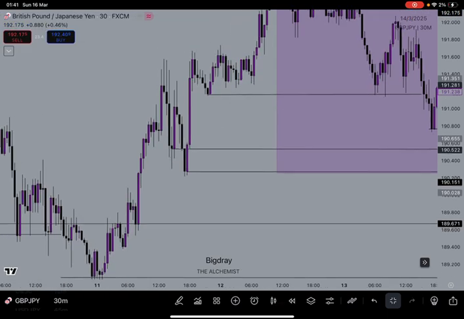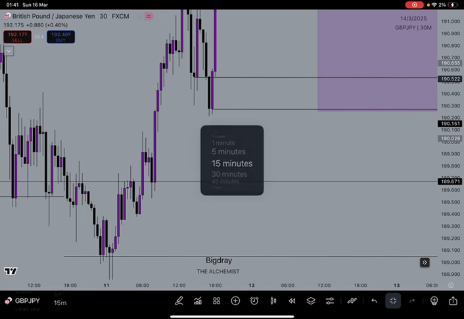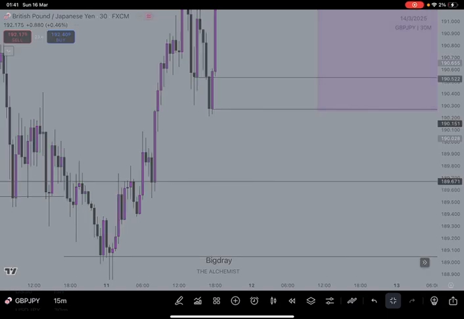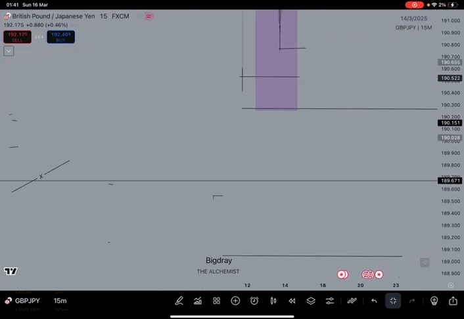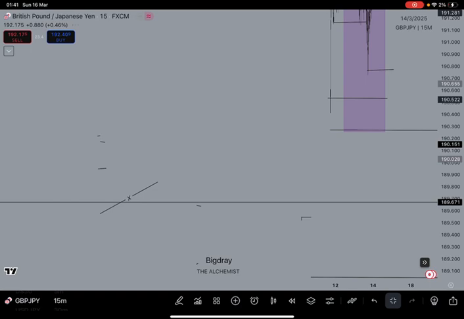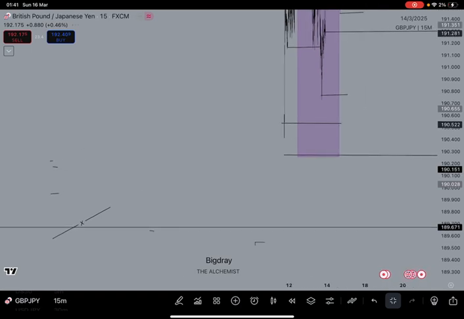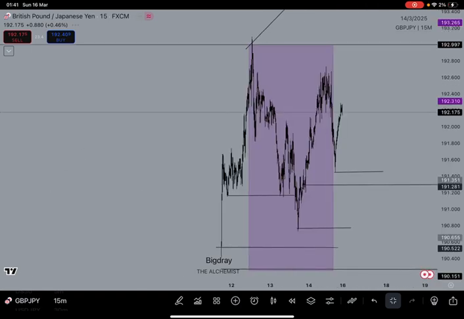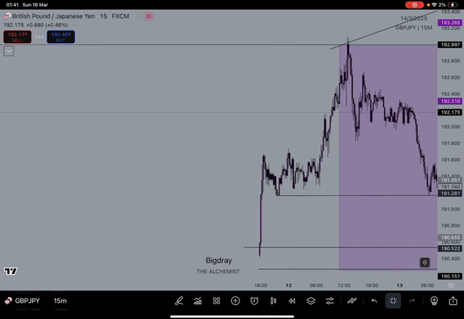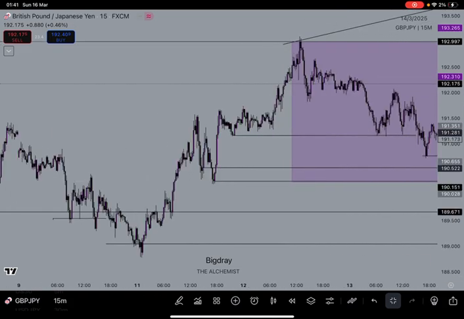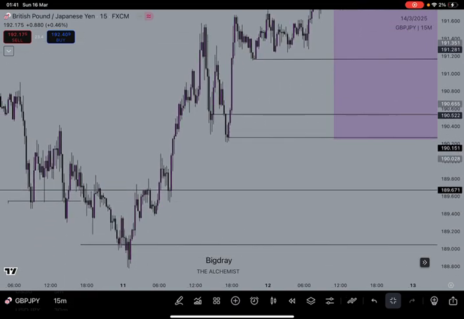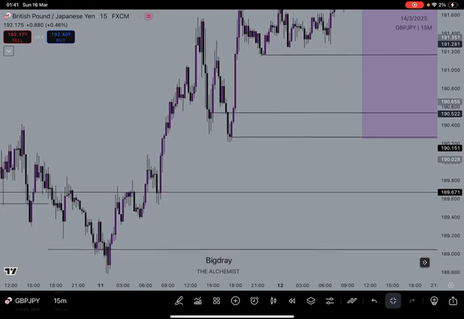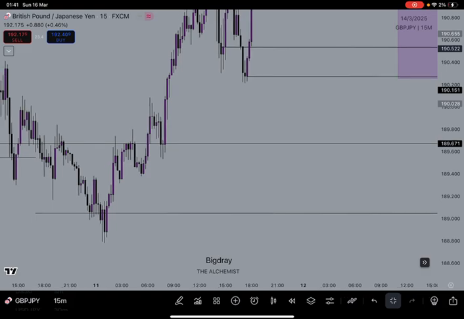You can see right here. Let me zoom to 15 minutes so I can see it clearly. You can see it clearly now.